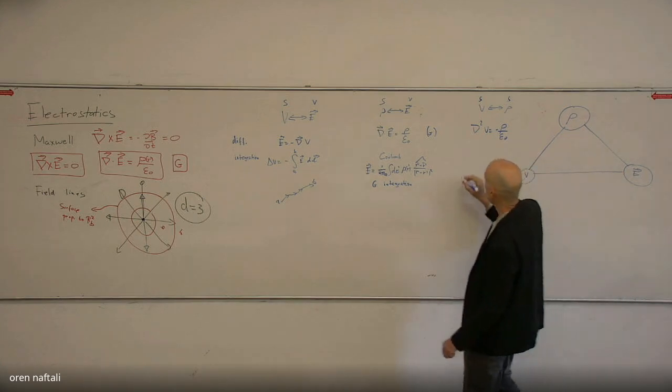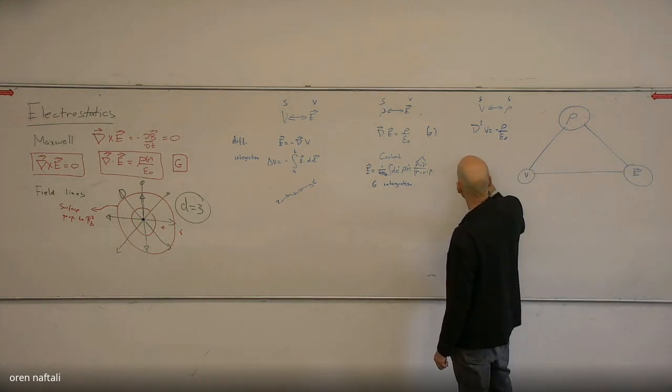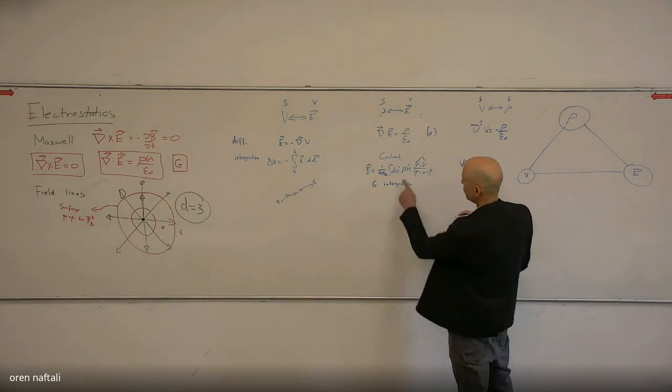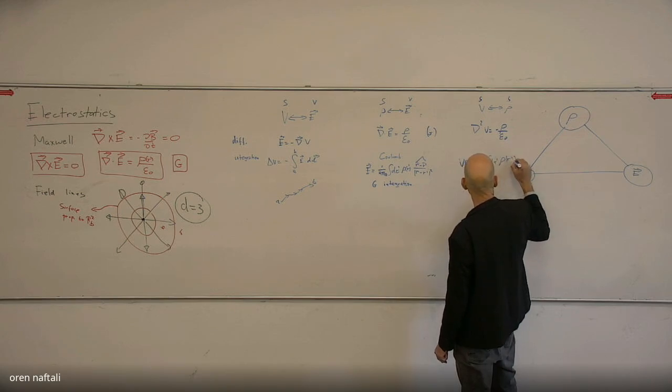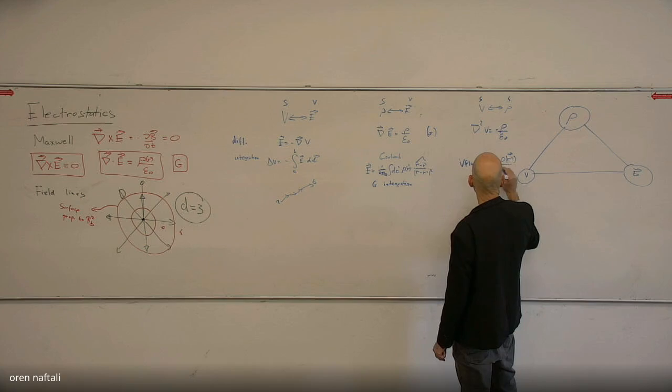And what is V of R? Well, you can write it in Coulomb's law, like you did here. And this is simply 1 over 4 pi epsilon 0, integral d tau, as before, rho of R prime. It's a vector. And now I have R minus R prime. And that's it.